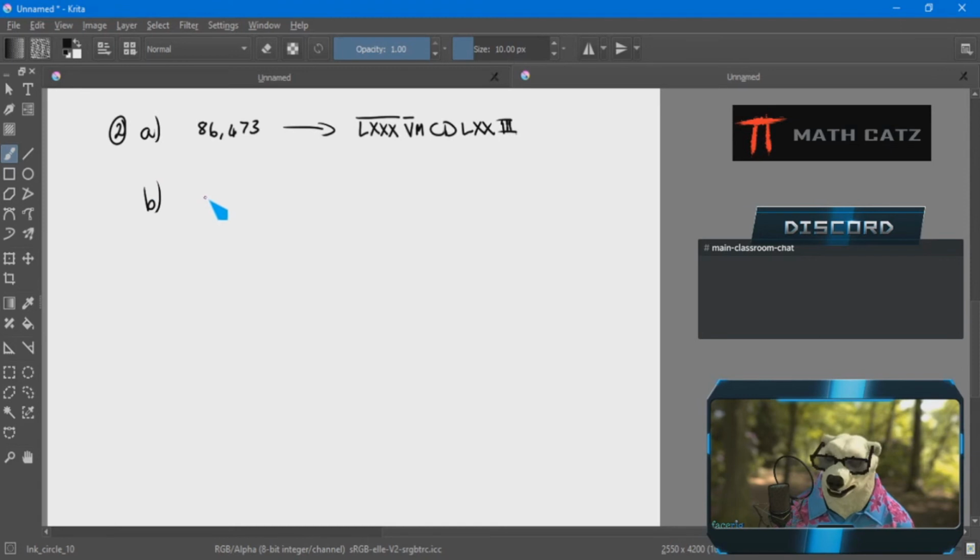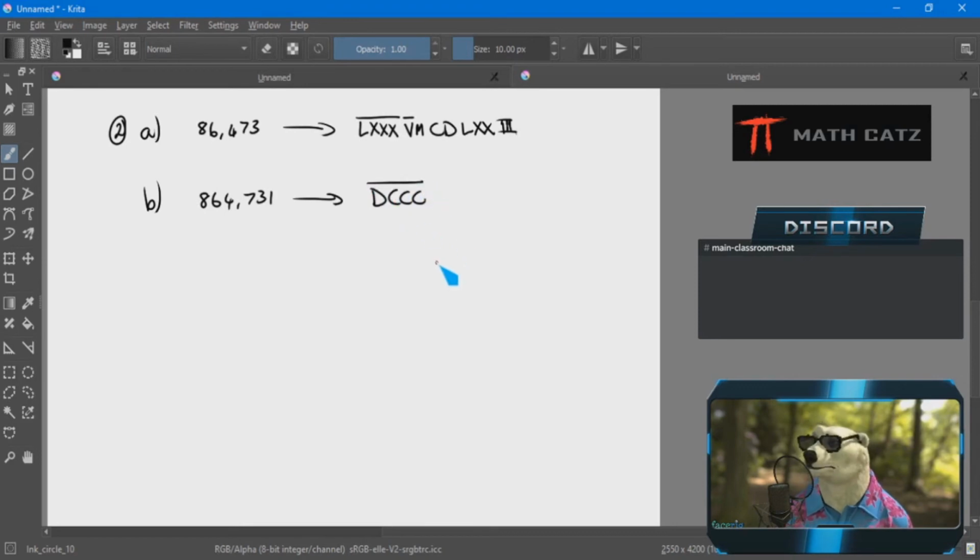Next up is 864,731. Now these numbers are probably already too big for what the Romans needed or wanted, but we'll stop at millions, and I think that's a good balance. 800,000, well, 800 is a 500 and some hundreds.